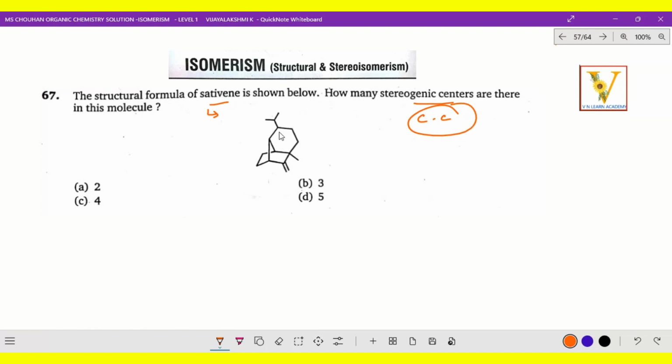So this is one chiral carbon, this is two, this is three, this is four, and this is the last, five. So there are 5 chiral carbons. Very simple question. Let's go to the next question.